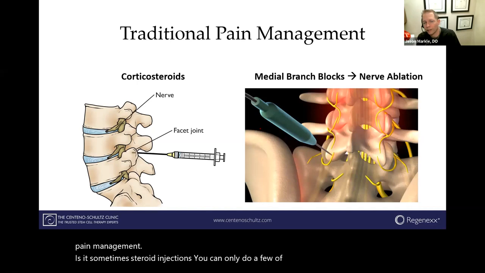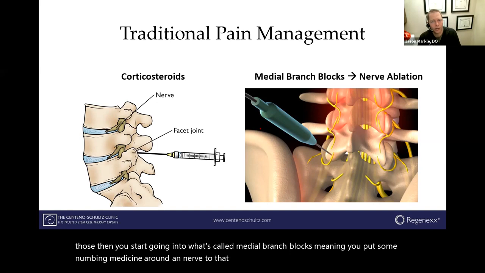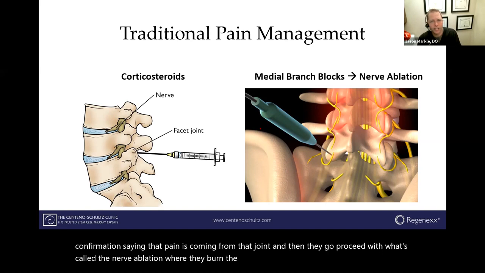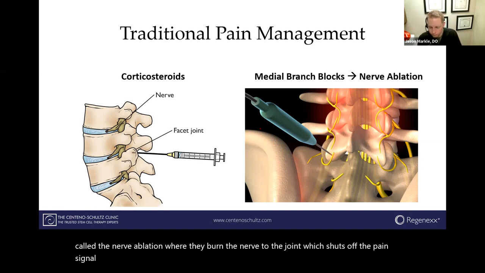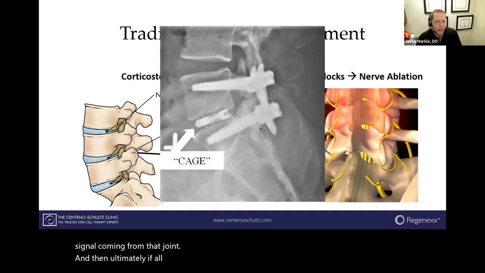So when you run out of those, then you start going into what's called medial branch blocks, meaning you put some numbing medicine around a nerve to that joint. If the pain goes away, that's a diagnostic confirmation saying the pain's coming from that joint. And then they proceed with what's called a nerve ablation, where they burn the nerve to the joint, which shuts off the pain signal coming from that joint. And then ultimately, if all that fails, you're talking about a fusion, which is worst case scenario.